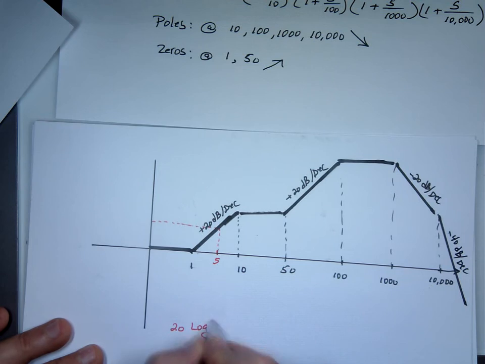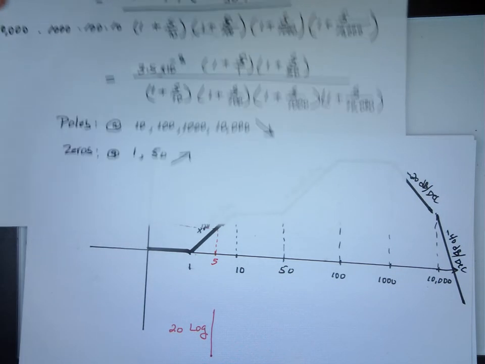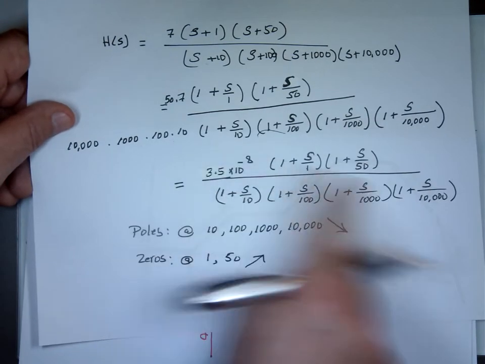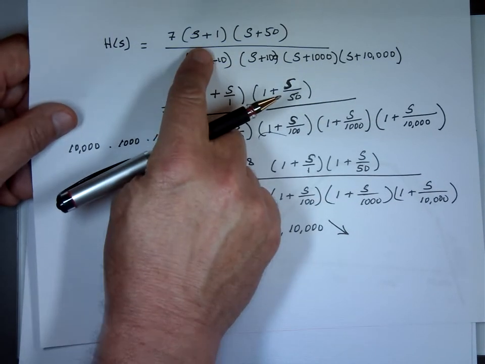Now let's go back to this function. You can use either one here, because this is the same as this. So I'll use that one, that's easier. When s equals 5, what's 5 plus 1?